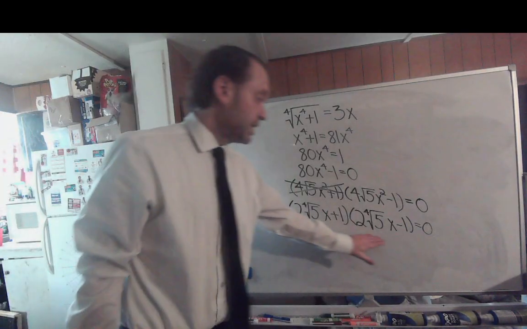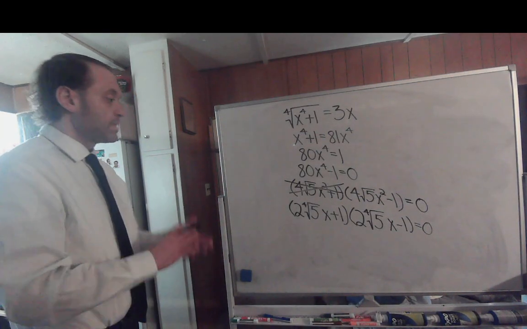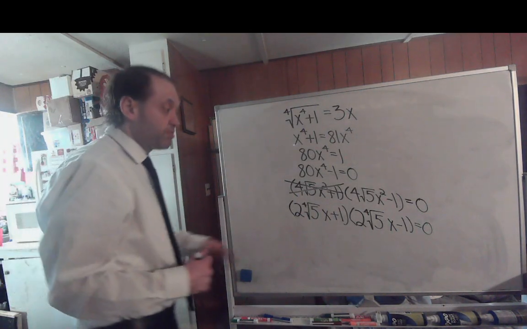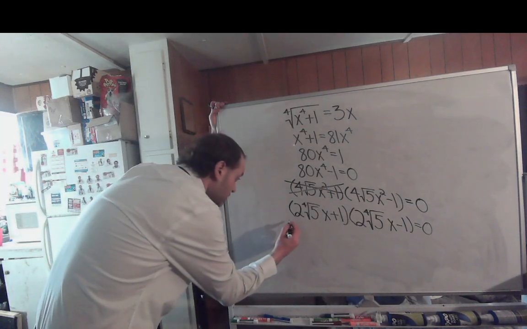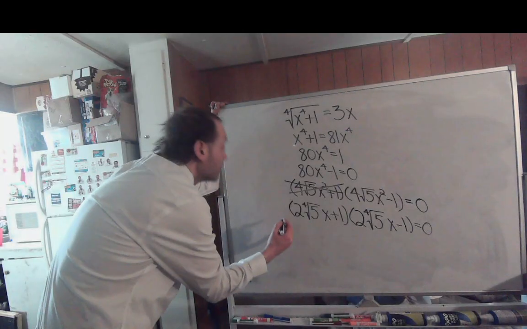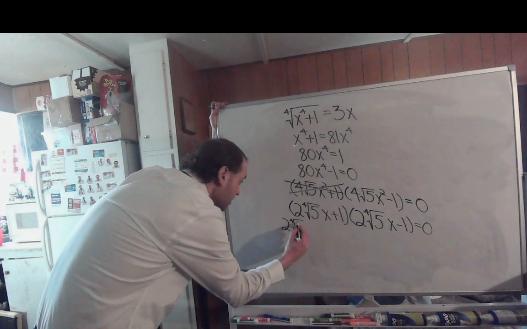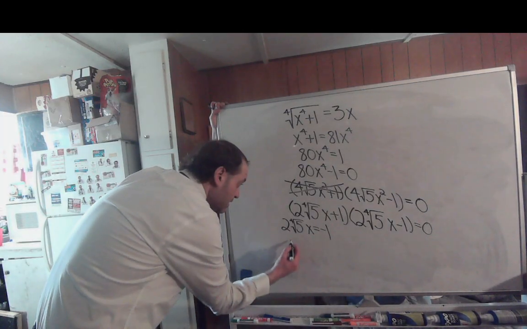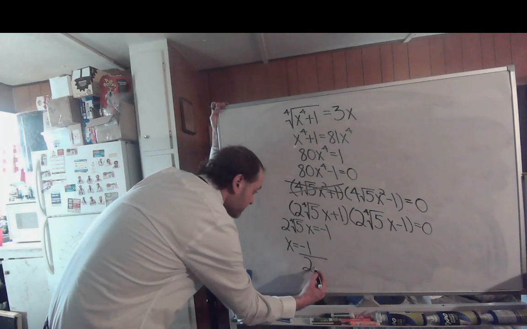These are the only 2 we can look at now, since they're going to produce real numbers. Alright, well, let's set each of these equal to 0. I promise you it's not going to be very pretty. So let's take 2 times the fourth root of 5, x, set that equal to negative 1, and you end up getting x equals negative 1 over 2 times the fourth root of 5.